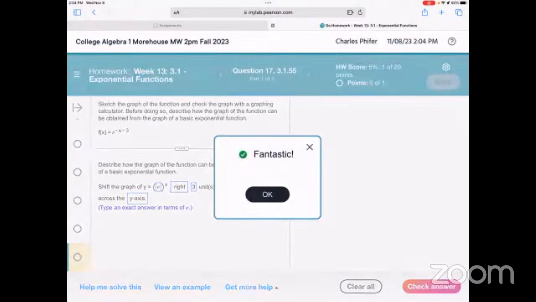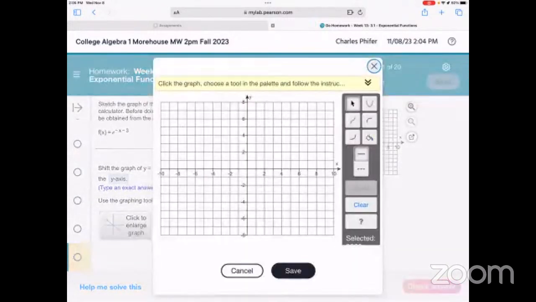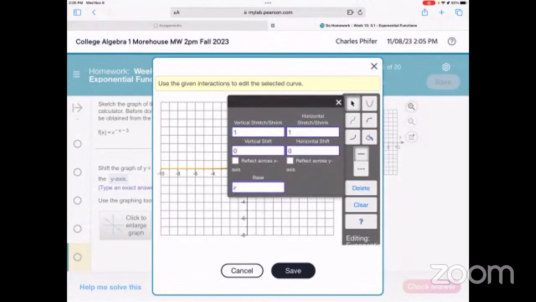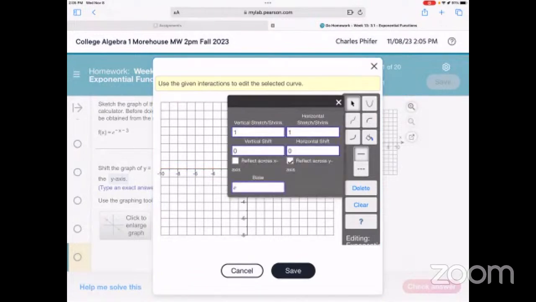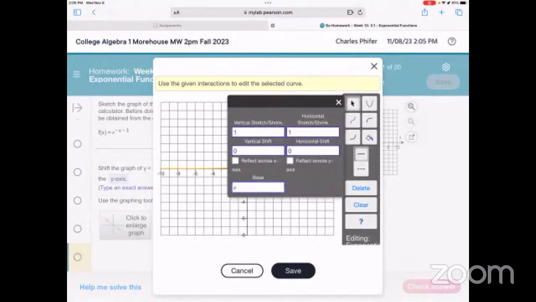Okay. Do we want to graph this? My exponential tool is third row left. I'm clicking randomly on the chart. We said we reflected across the y-axis. Actually, let's move it right first by 3.